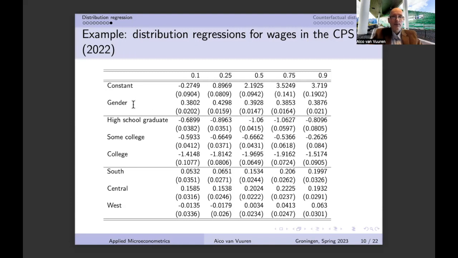Like what we have seen before, being a woman means that your wage is going to be lower, and we now see that that's true for the whole distribution. It's a little bit surprising here that we don't find any difference anymore at the last decile, which we still found at the moment that we were looking at the quantiles.